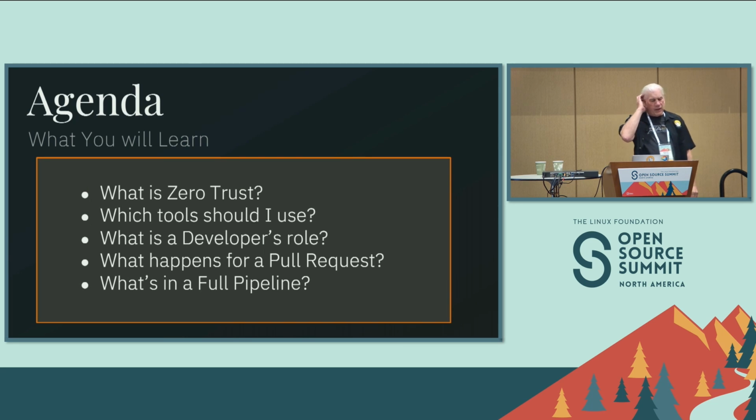So what we're going to cover today is a really basic look at what zero trust is. I have another talk and another track on the gov track side that goes into details on what zero trust really is, but this is focused on the pipeline. So we're going to talk over some of the tools that you should use.